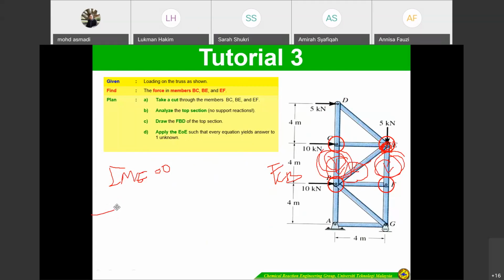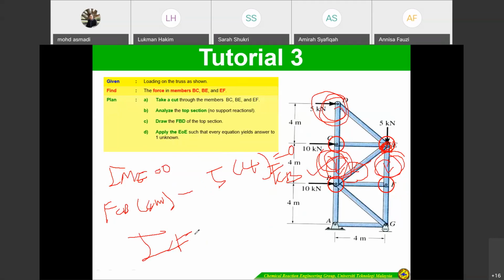So FCB times the width of 4 meters, minus this one, 5 kilonewtons, which is counterclockwise, 5 times the width 4 also, equal to 0. So you can get FCB. And then total Fy equal to 0, so you can get EF.